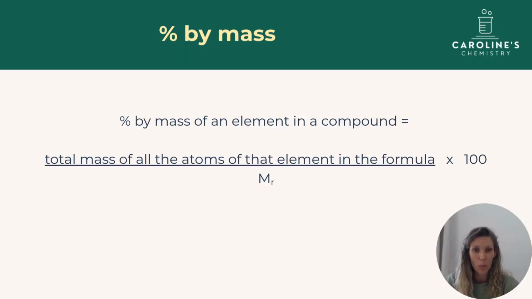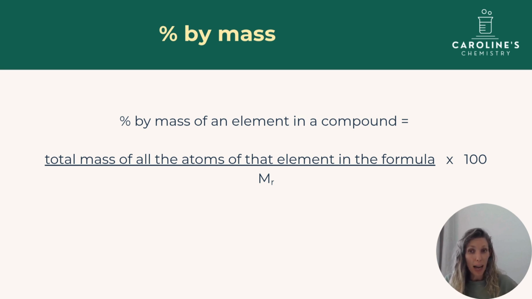So let's start off with the formula that we need in order to calculate percentage by mass. Percentage by mass is how much of our entire thing is made up of one particular thing. For example, if we have water, how much of the water as a percentage is oxygen? Or how much of the water as a percentage is hydrogen?